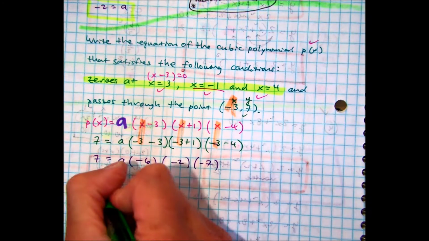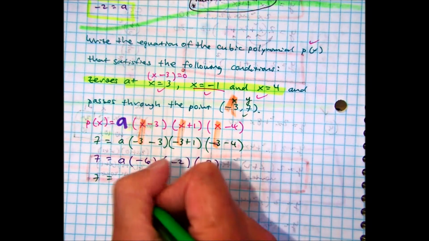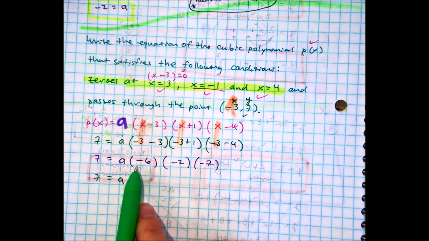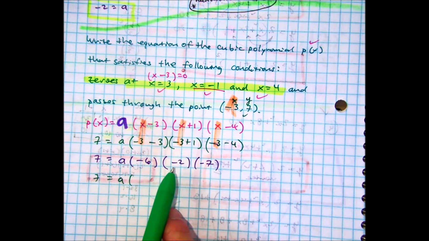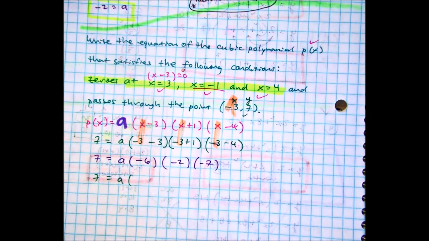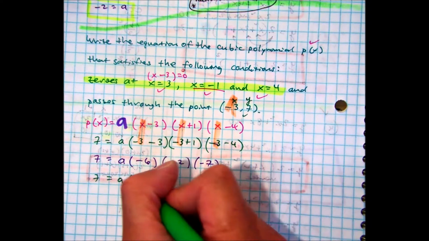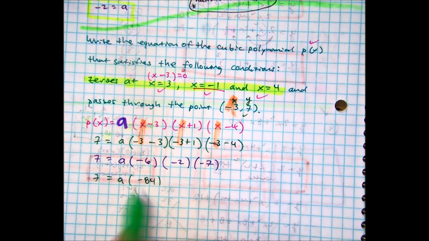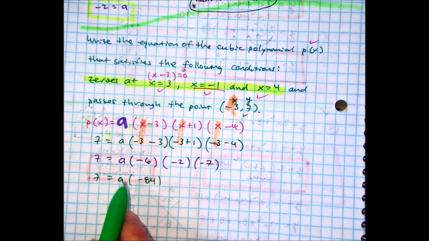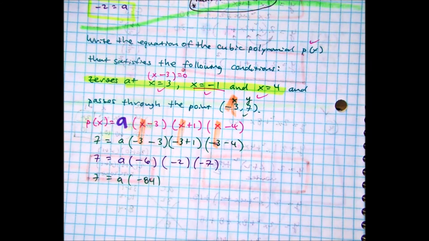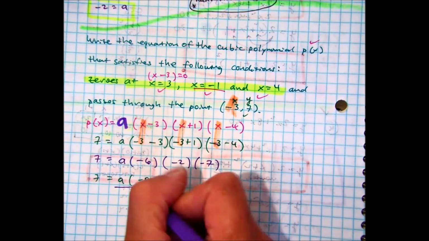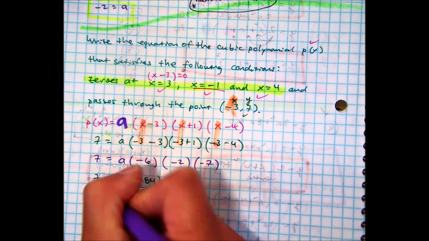And then now I'm just going to go back and simplify. Class, -6 times -2. Positive 12 times -7. Okay, pay attention now. This is not a minus 4. This is a times -84. I'll divide both sides by -84.